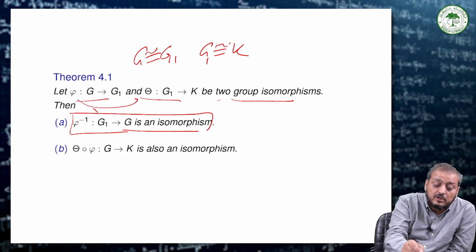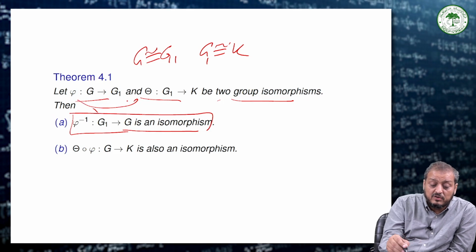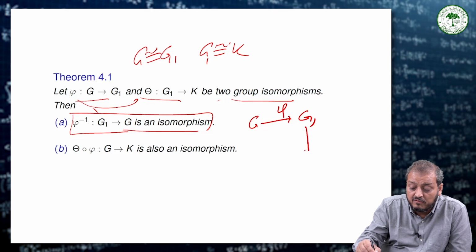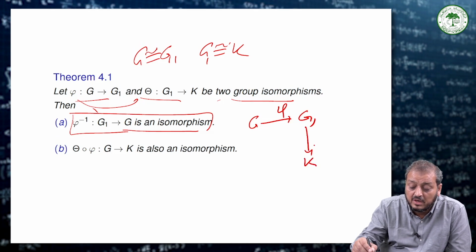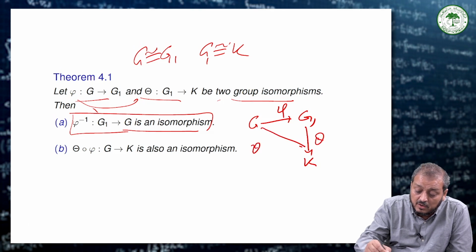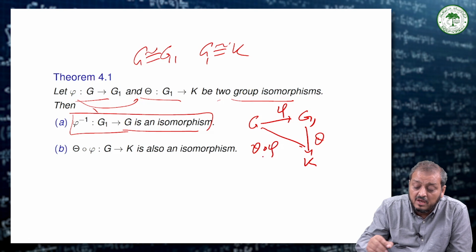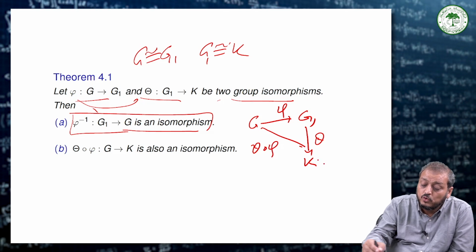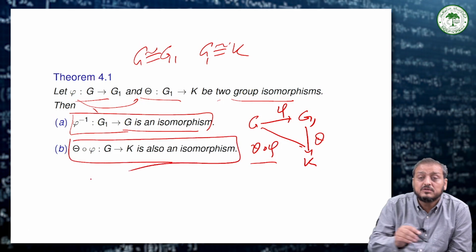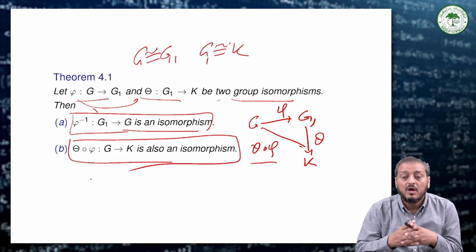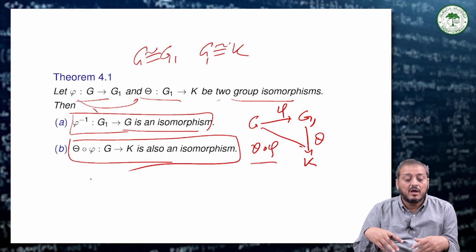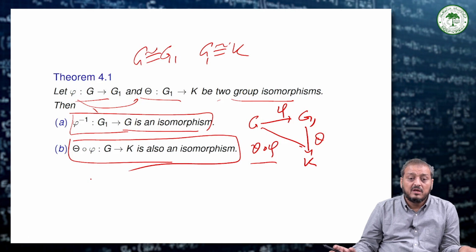And the composition of these two, G to G1 by phi and G1 to K by theta, is theta composition phi, a map from G to K. So if these two are isomorphisms, then the composition is also an isomorphism. We prove these two properties one by one.